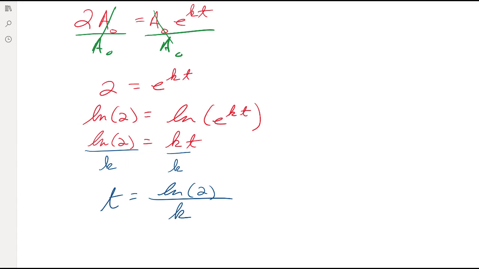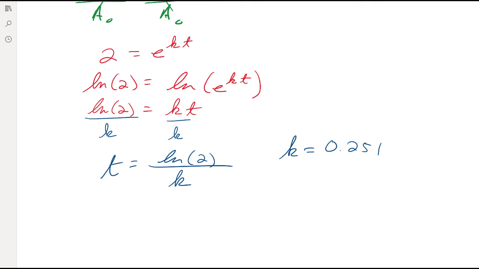So t is equal to the natural log of 2 over k. If I know my growth rate, I can figure out the doubling time. Or conversely, if I know my doubling time, I can solve this equation for k. But in this case, we know our k. Remember our k was 0.251? So our doubling time will be t equals the natural log of 2 divided by 0.251.